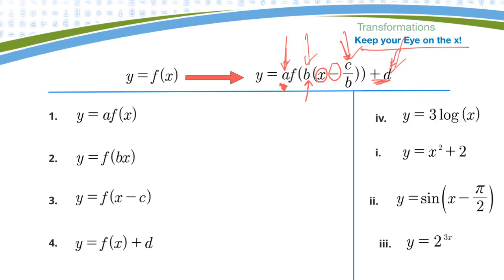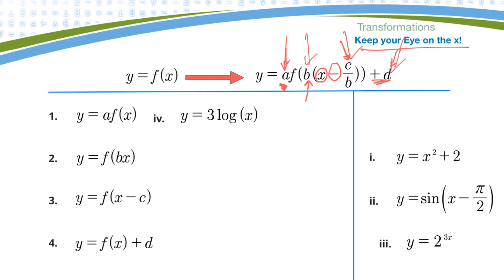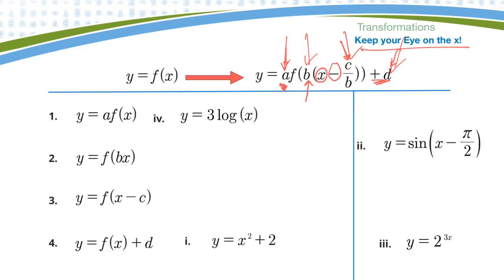Okay, we're back. When you take a look at this first one, the 3 is out front of the function, and so I would call that an A transformation. This one here, it's a number being added or subtracted to the x, and it's not in brackets, so I'm calling that a D. This one here, there's a number inside the brackets that's being added or subtracted.